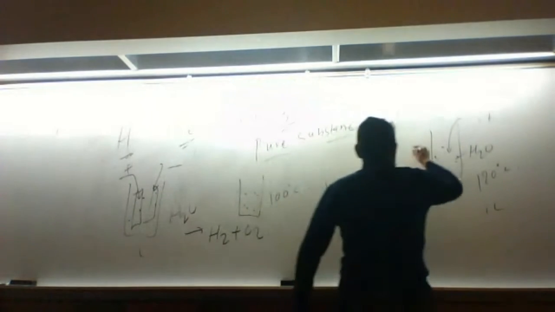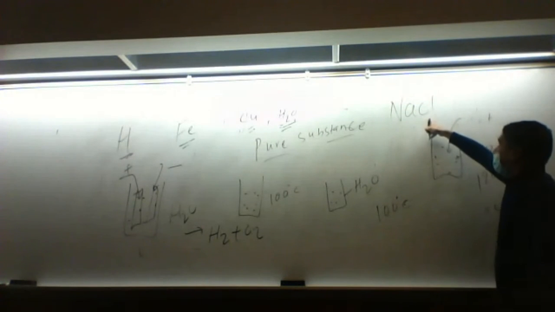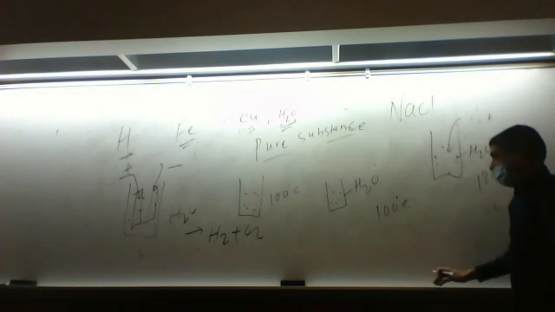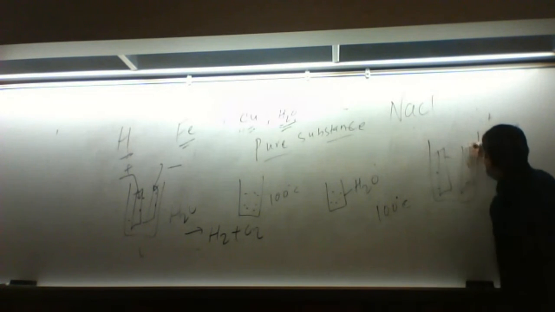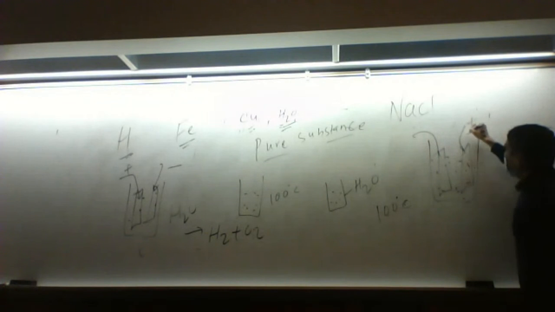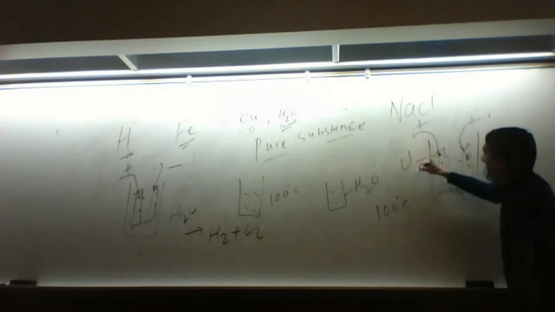So if you have sodium chloride, let's say this is table salt, and you want to find the sodium and chlorine from this compound, you can easily do it. Put some water here, put iron or copper rods in it, put the sodium chloride in the water, and then supply electricity. On one side you will see sodium deposited, the minus side, and on the other side you will see chlorine deposited.